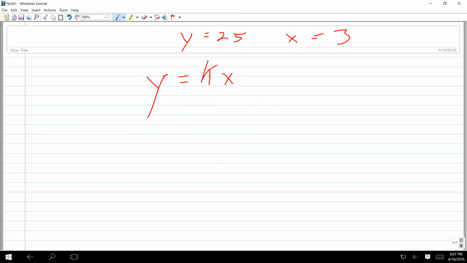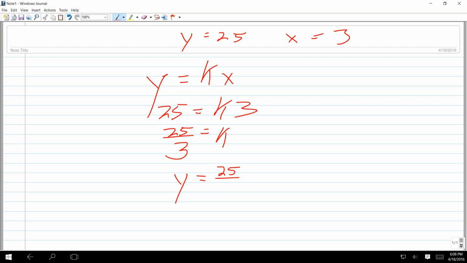That allows us to solve for k for this particular problem. Plug in 25 equals k times 3. K equals 25 divided by 3. And now the specific equation for that problem is this.